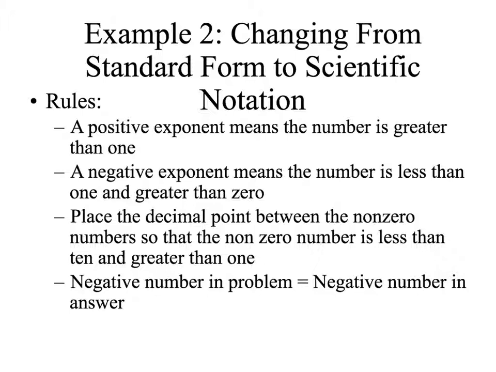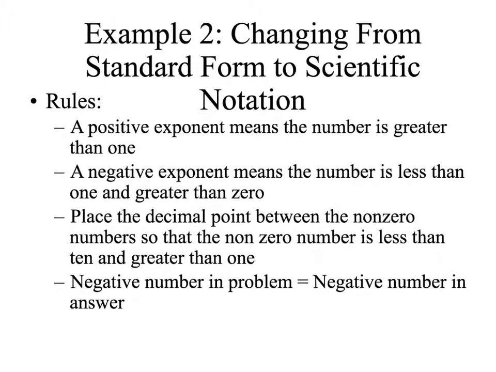So if I'm starting with a number bigger than 1, I need a positive exponent at the end. If I'm starting with a number smaller than 1 and bigger than 0, I need a negative exponent. The negative just tells me I'm looking at a really, really small number.